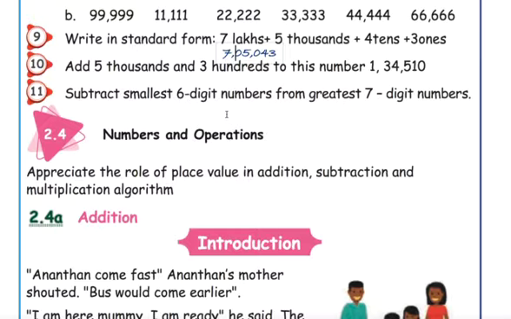Subtract smallest 6-digit number from greatest 7-digit number. What is the greatest 7-digit number? All nines. 7 nines. 1, 2, 3, 4, 5, 6, 7. Yeah, correct. Then smallest 6-digit number is 1, thereafter 1 lakh only, 5 zeros. Yeah, 1 lakh. This is how much? 9 crore 99,000.